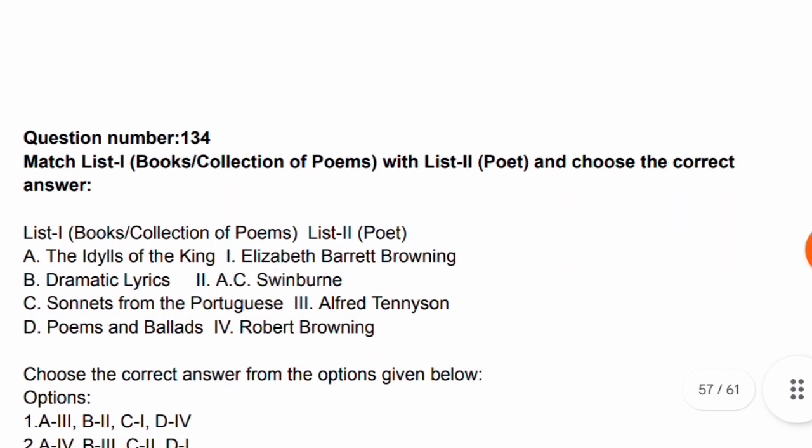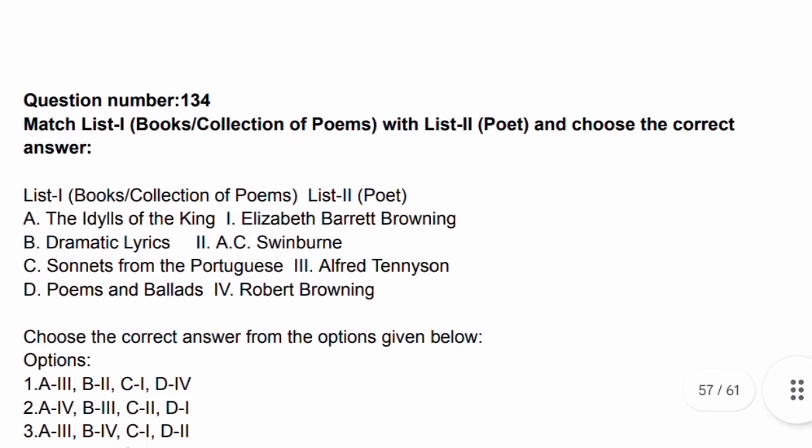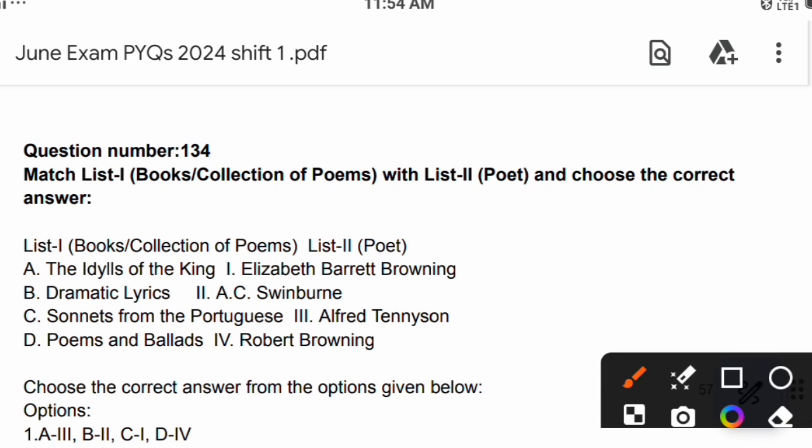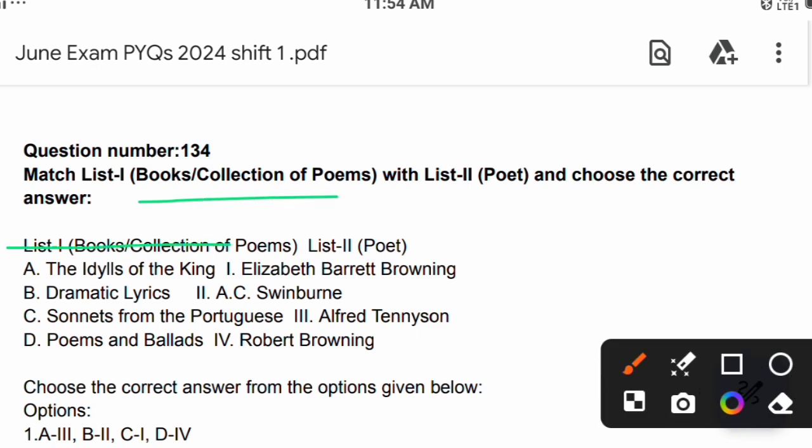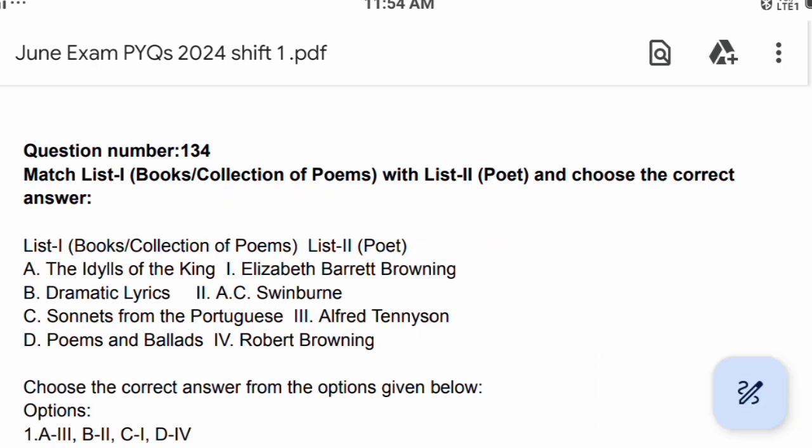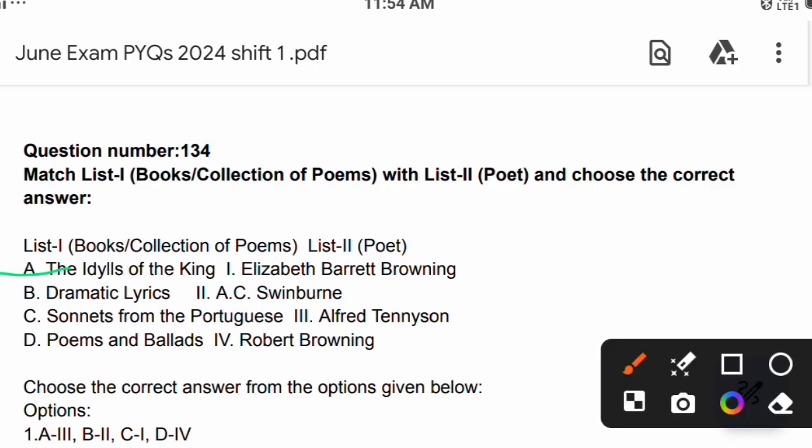Question 134 we have reached. You have to match a book's collection of poems with the List 2 poet and choose the correct answer. In the first list you have books and collections, and in List 2 you have a poet. Option A, The Idylls of the King. B, Dramatic Lyrics. C, Sonnets from the Portuguese.